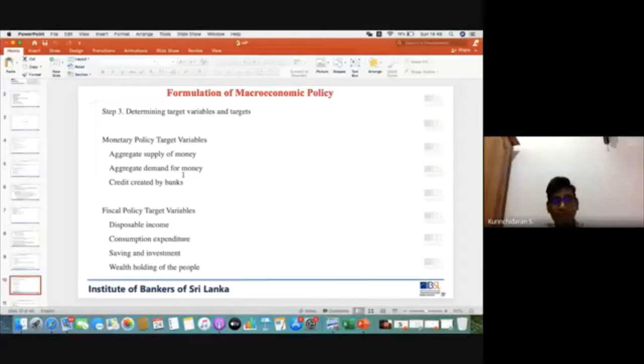If you're going to use fiscal policy, then you can think about fiscal policy target variables. That can be disposable income or consumption expenditure, or saving and investment, or wealth holding of the people. Or you can decide which one is your target variable, right?